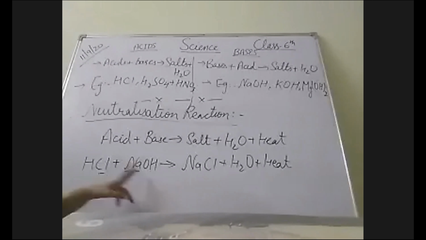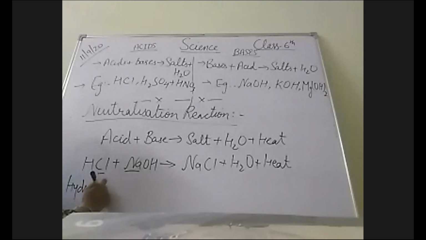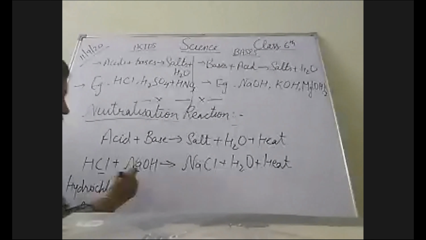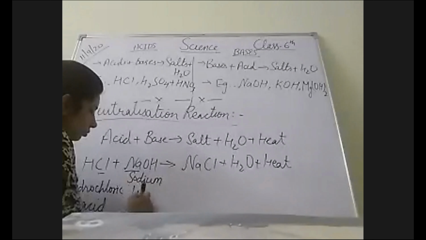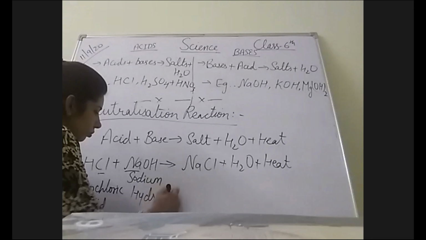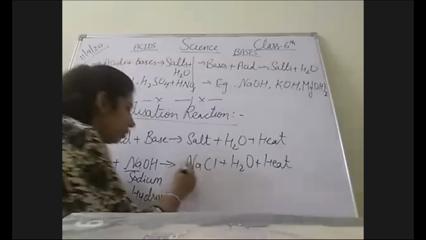NaCl, H2O. What is this? Hydrochloric acid. What is this? Sodium hydroxide. What is this? Sodium chloride.